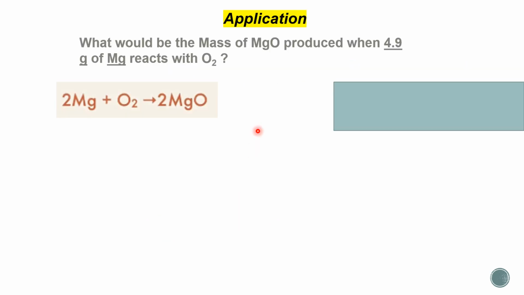Now let's have a look at this problem. Let me just use the pen. What would be the mass of MgO produced when 4.9 gram of Mg reacts with O2? Okay.